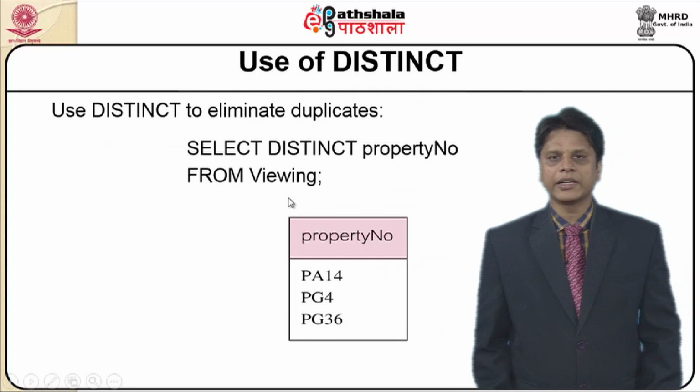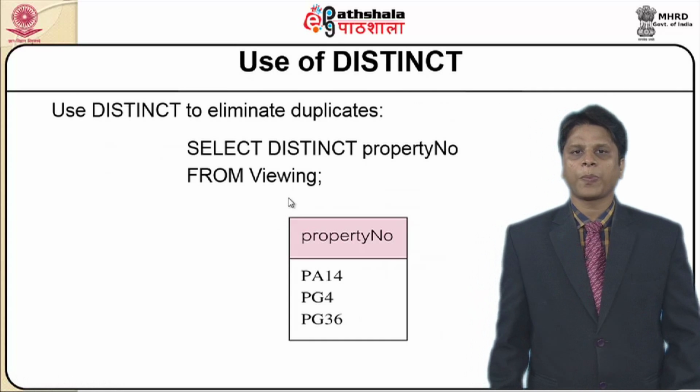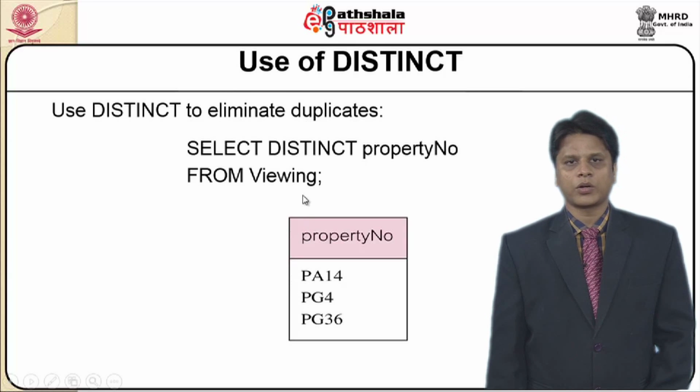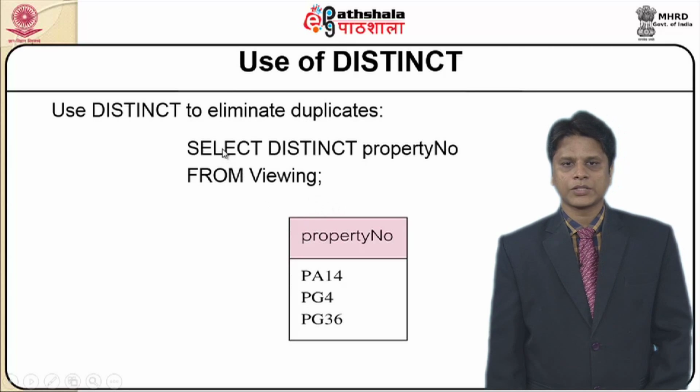So it avoids redundancies just by projecting the value distinct. Using distinct is mainly to eliminate duplicates that are available within either the row or the column. So select distinct property number from viewing reduces 5 tuples to 3 tuples. That means we have avoided duplicates.